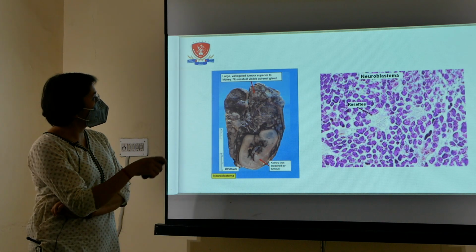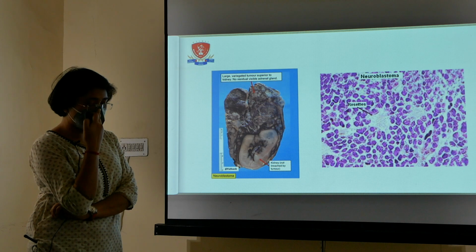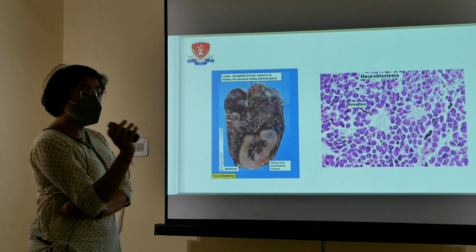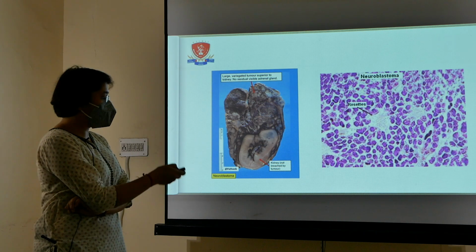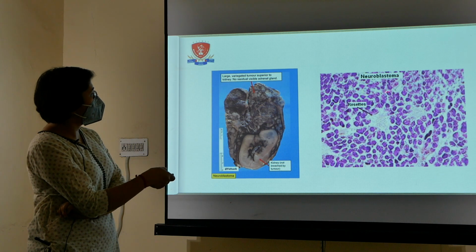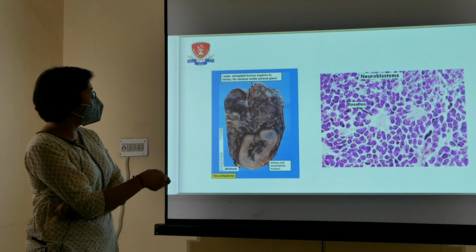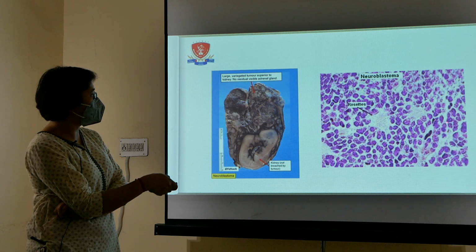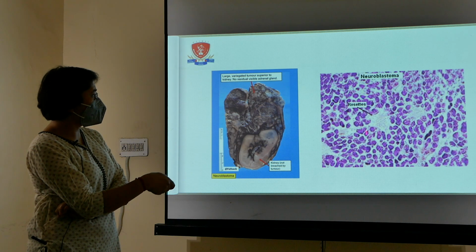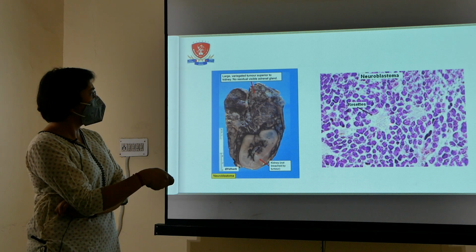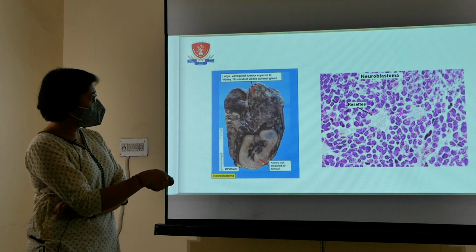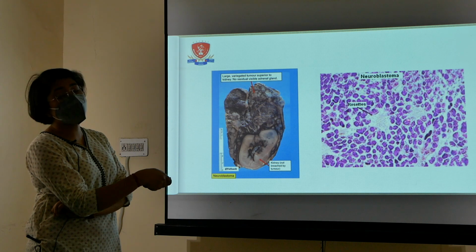Now this is the corresponding image. This is what I was talking about, that the more the primitive cells, the more blastoma it is. So this is neuroblastoma, and you can see small round blue cells. All the cells are small round blue cells, and they are forming something like canals. Inside that, if you can make out, there is some pink substance. This is called neuropil.